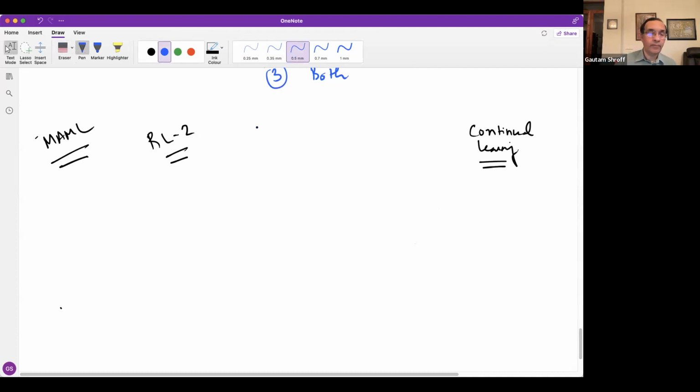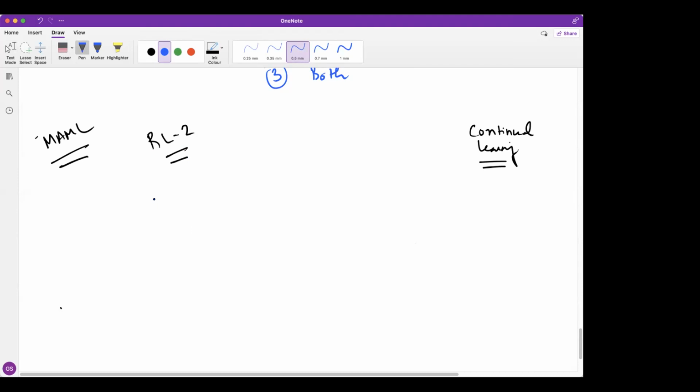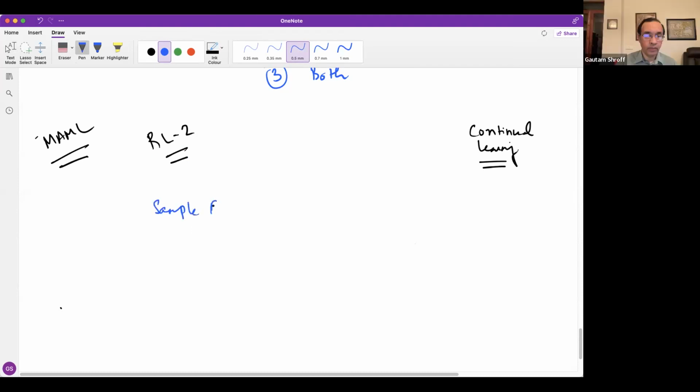So now we're going to apply MAML to this. So what do you do in MAML? The first thing that you do in any meta learning algorithm is choose the task. Sample an RL task.